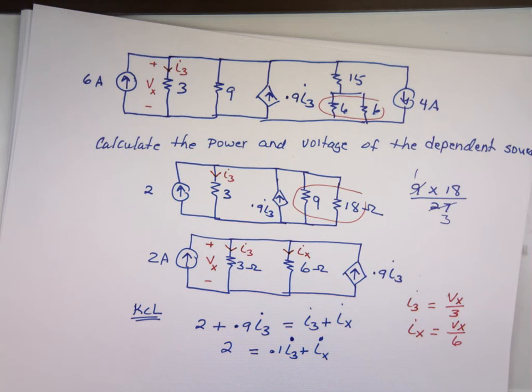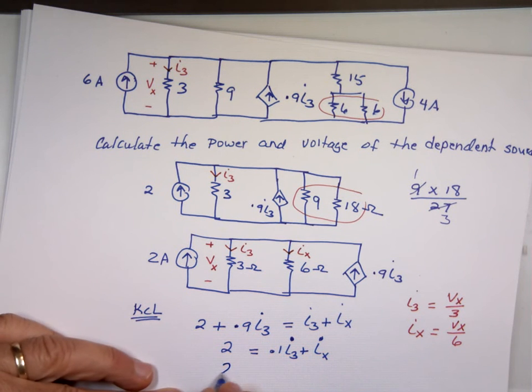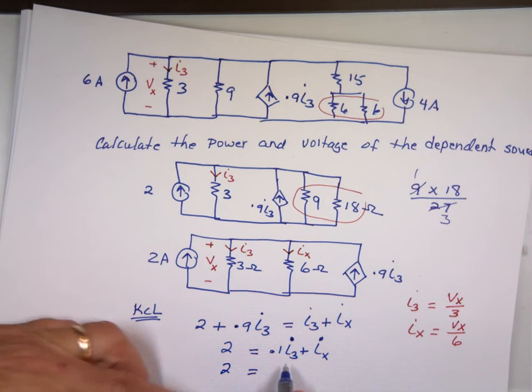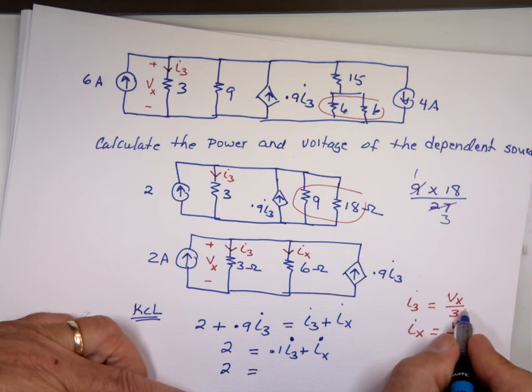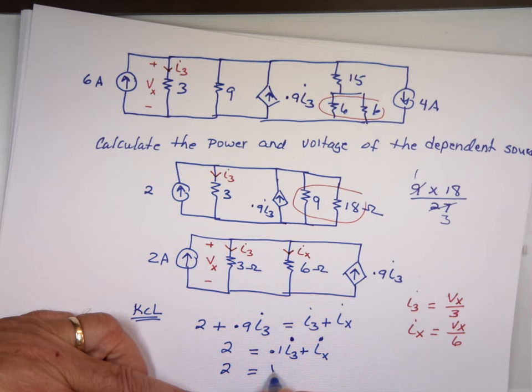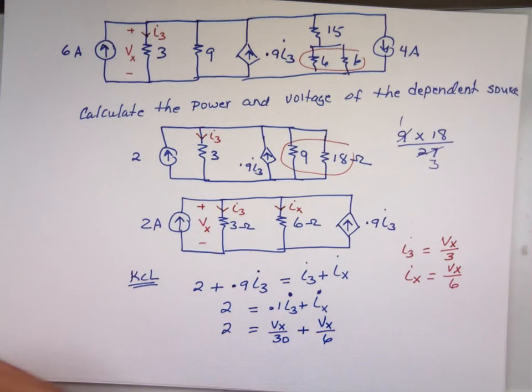So plug them in now, and you only have one unknown. 0.1 times that number. What's 0.1? That's 1/10. So Vx over 30, right? Plus I sub x, which is Vx over 6. If I don't want to use a calculator, my LCD here is what, 30?